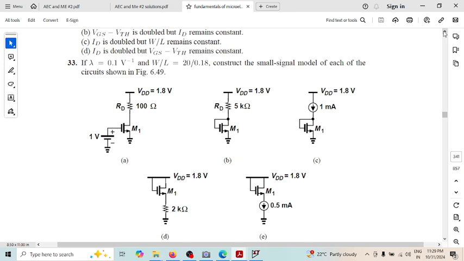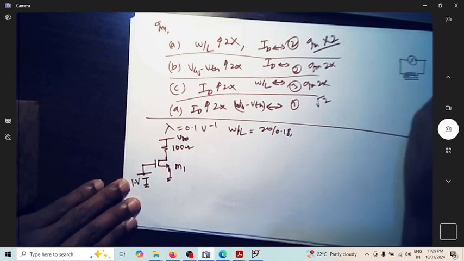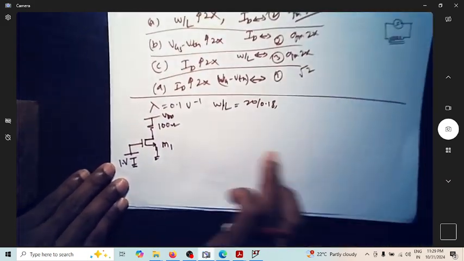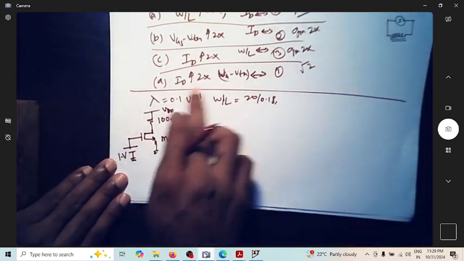The first circuit is this. I have this as 1 volt. This is M1. This is 100 ohm. This is VDD. Let me try to write this. We are asked to find the small signal model of this circuit under these conditions.